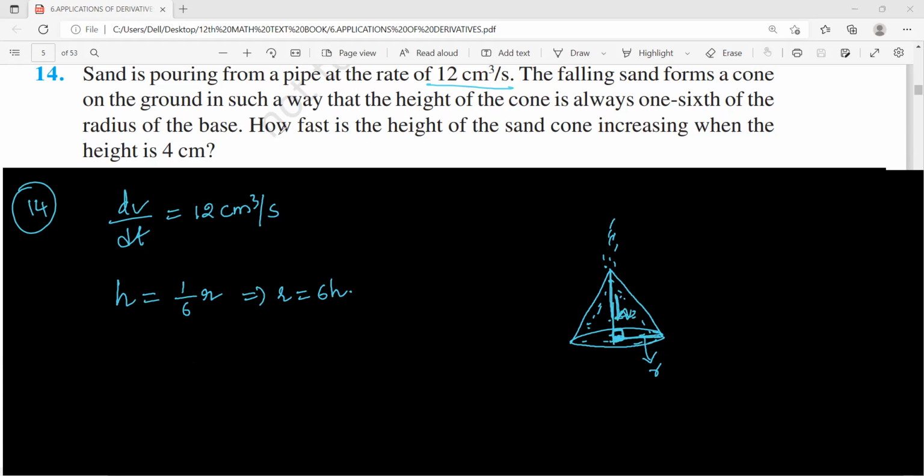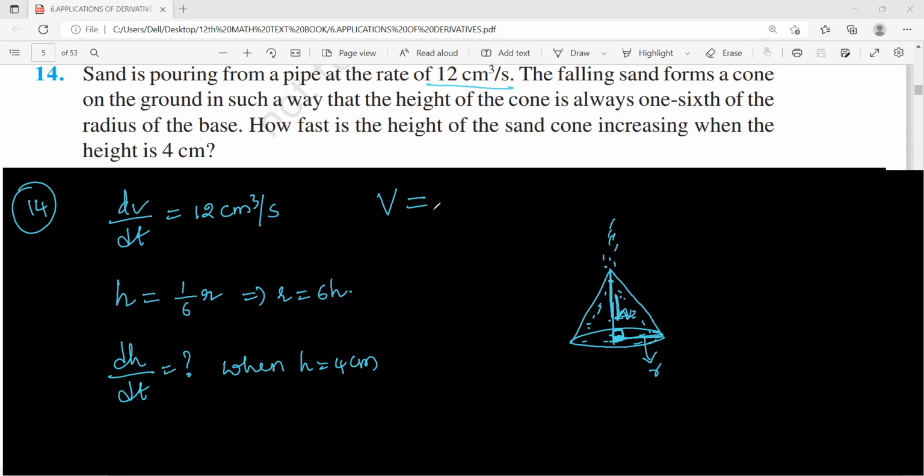How fast is the height of the sand cone increasing? That means what is dH by dt when the height is 4 centimeters. When volume is given and height is asked, you have to take the volume of the cone.